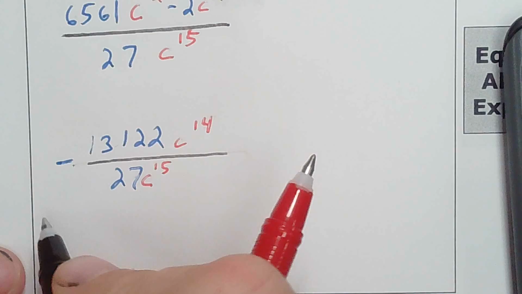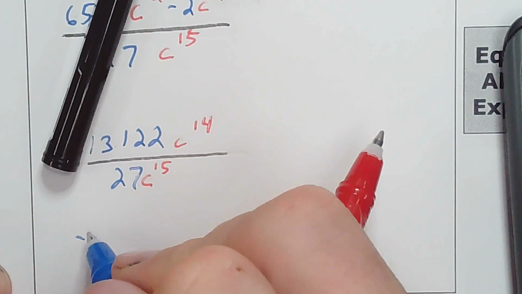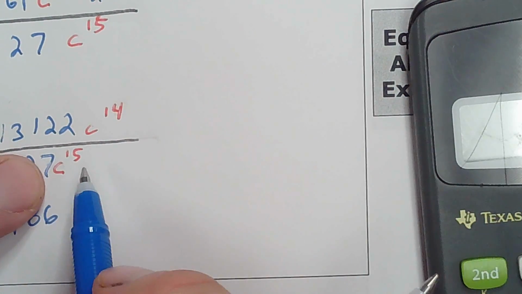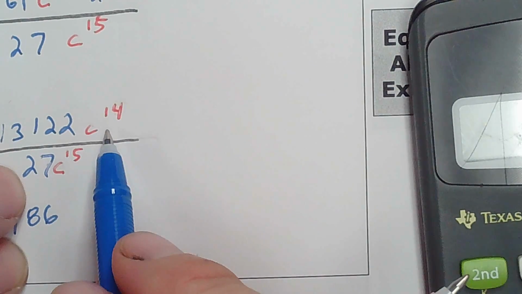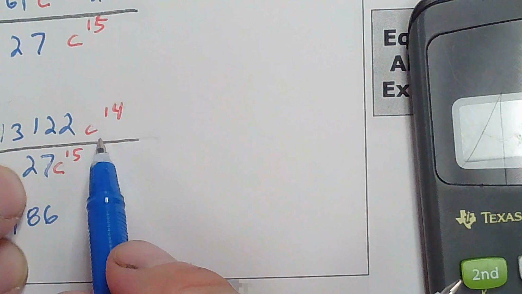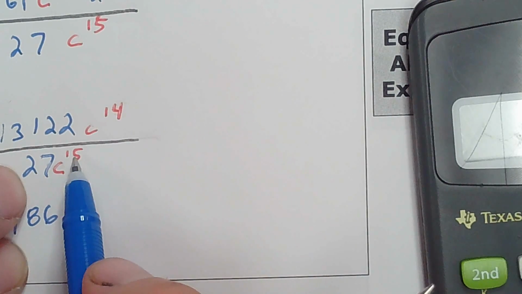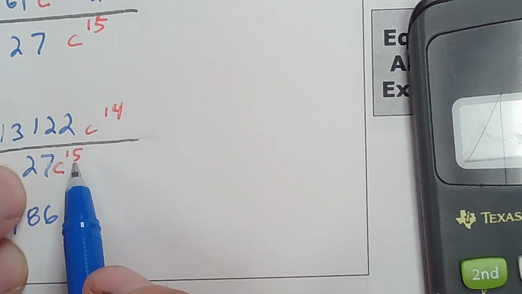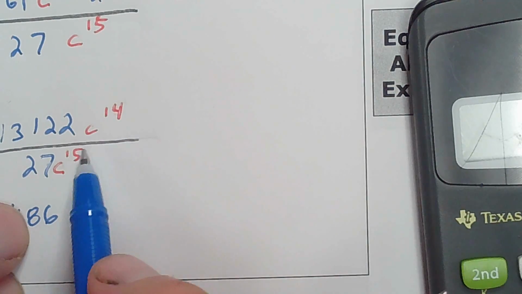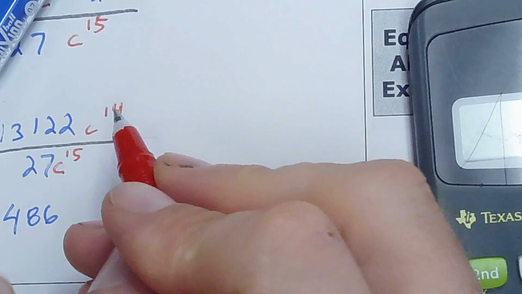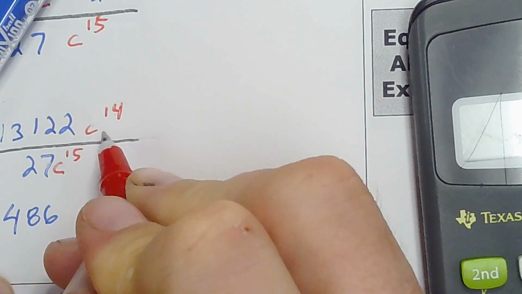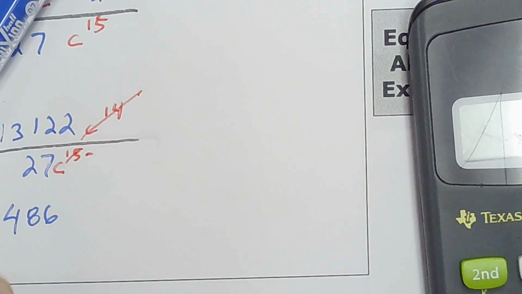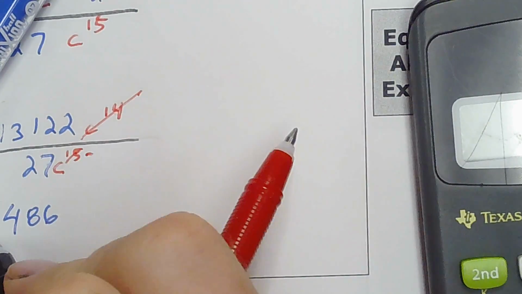This is going to be equal to negative 486, and then this is the quotient rule where you subtract the denominator exponent from the numerator exponent, so it's going to be 14 minus 15. Or you set them to war, where this one goes against that one, and this one wins, so this one's gone, and this one took all but one. So this is going to be over C.